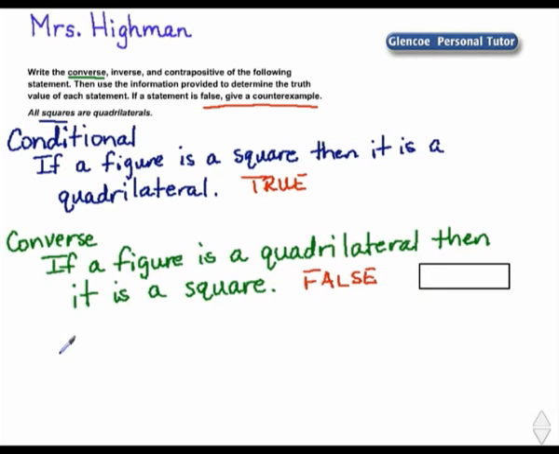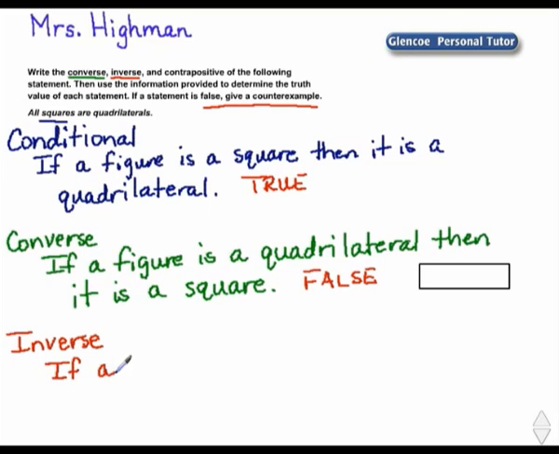Okay, next we need the inverse. And for the inverse, we kind of take the conditional and make it negative or put not in there. So that would read like this.